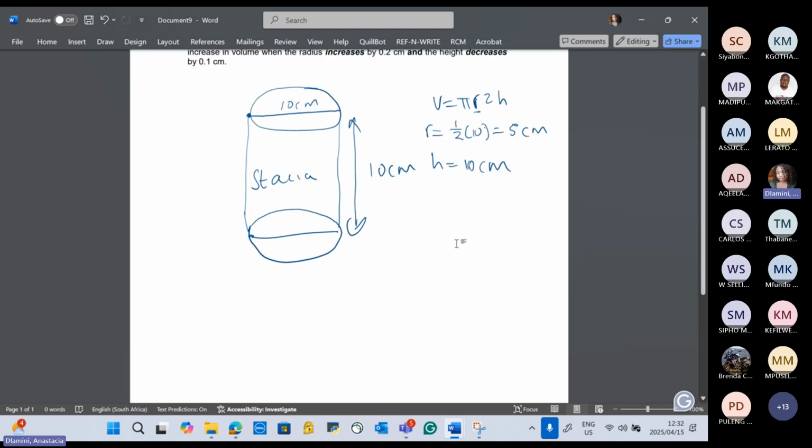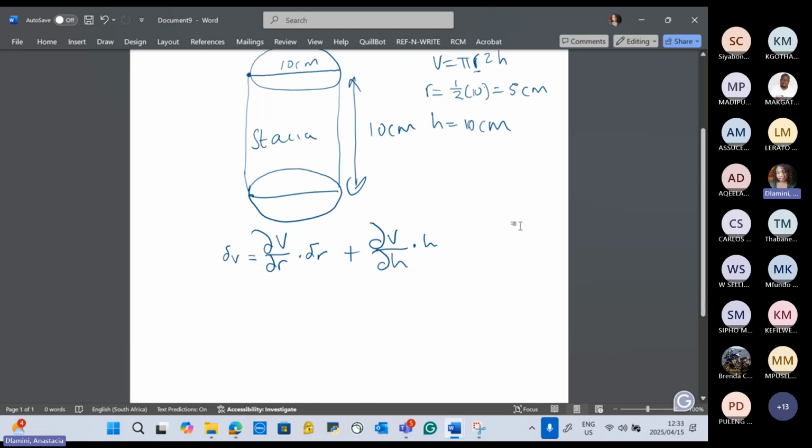The small change in V. According to what we learned, the small change in V is the partial of V with respect to R times the small change in R, plus the partial of V with respect to H times the small change in H. Do we know the small change in H and the small change in R?